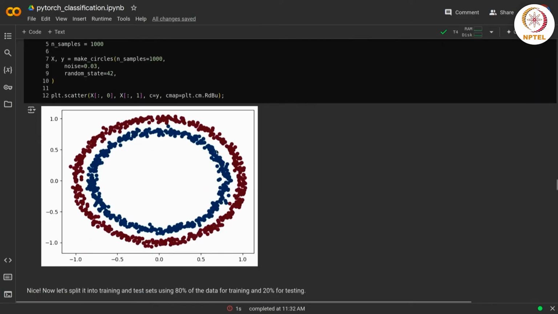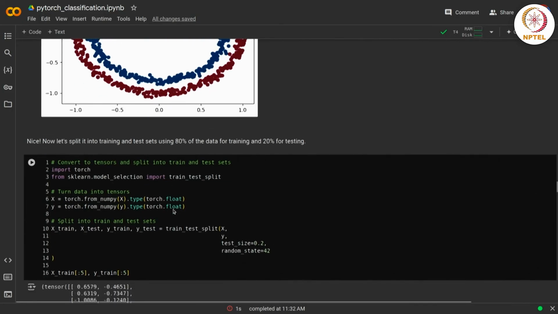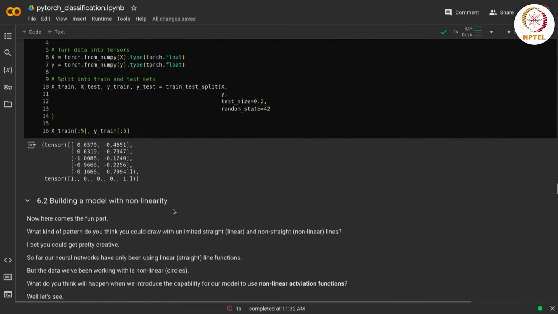No matter how many straight lines you draw, it would be terribly difficult for these straight lines to distinguish between these two classes, because essentially you have to draw a non-linear curve like a circle or an ellipse. So that's what we would add now to our model.